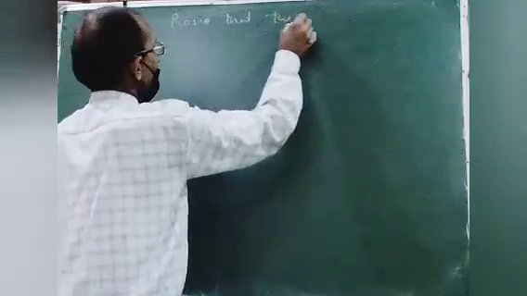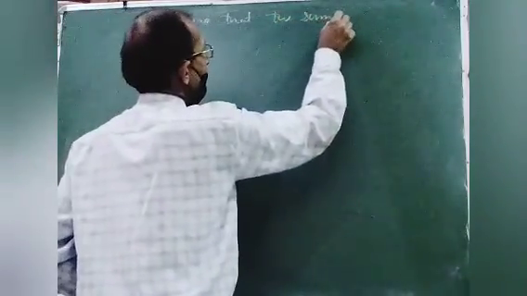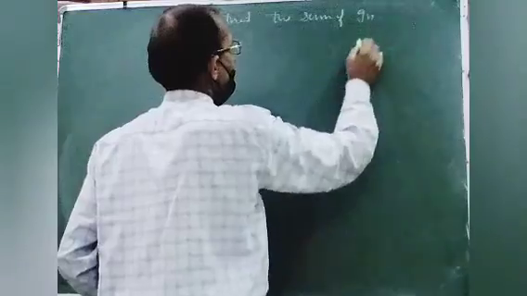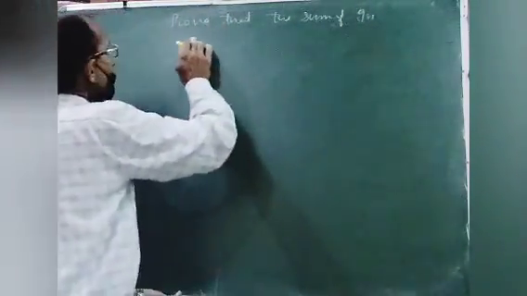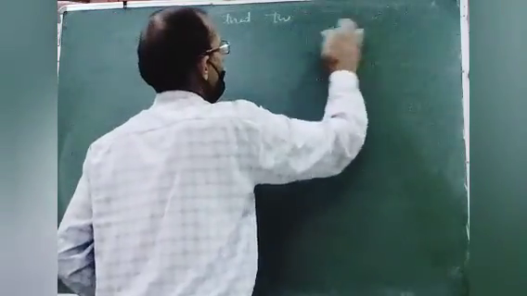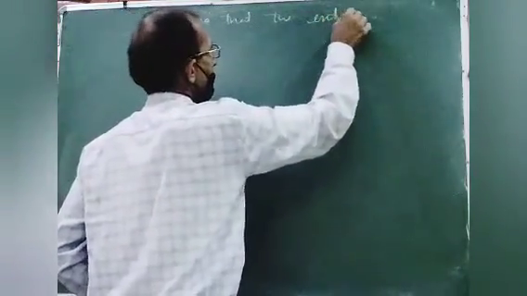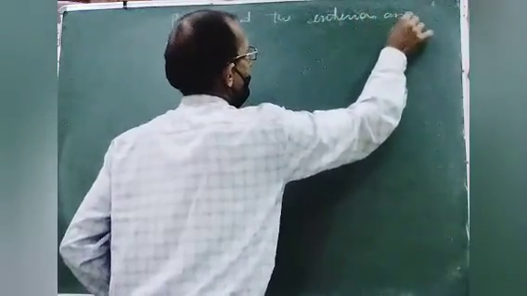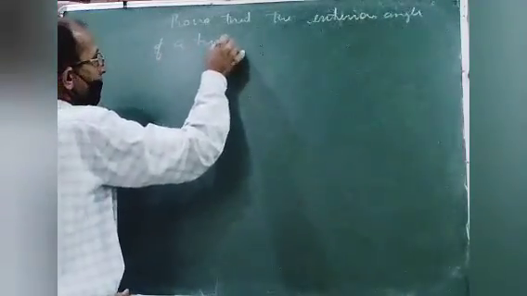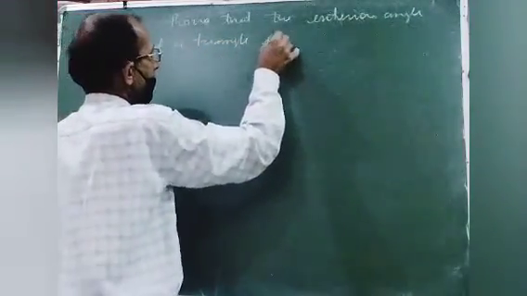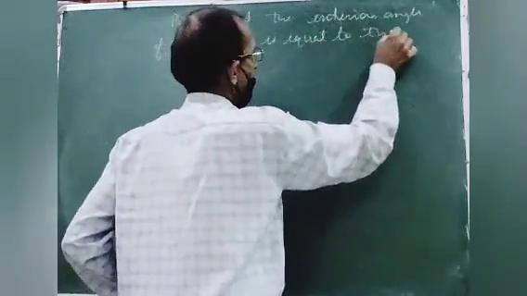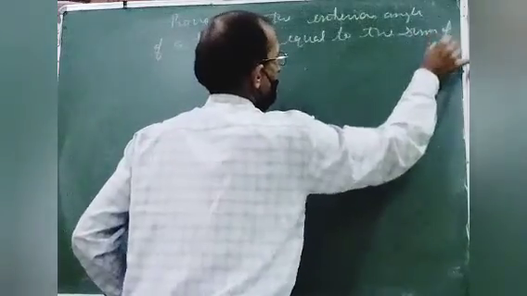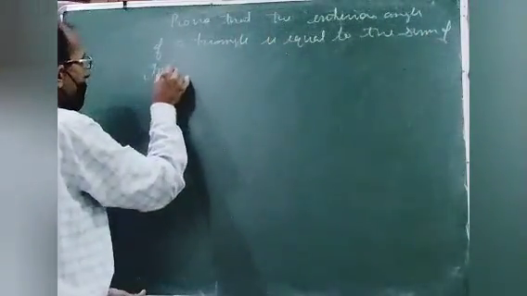Prove that the exterior angle of a triangle is equal to the sum of interior opposite angles.